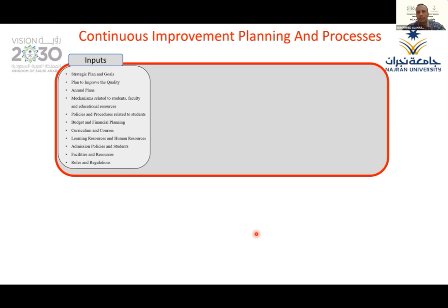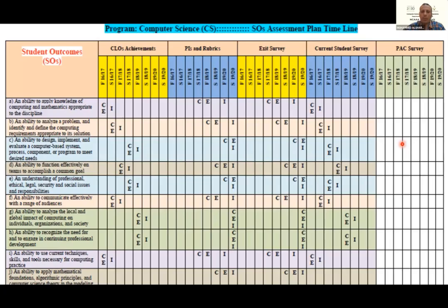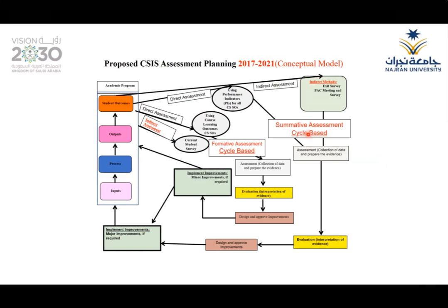Right. You mean, Doctor, for formative and summative? No, I mean we have two cycles. One from 2012 to 2016, and the second one starts from 2017 to this year. So why did we repeat it?